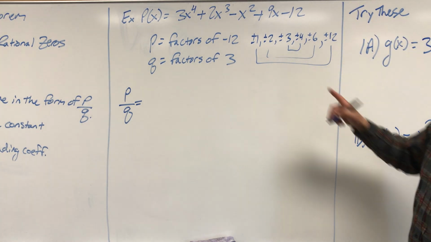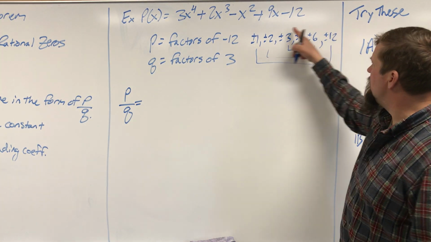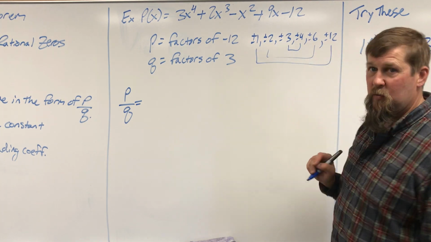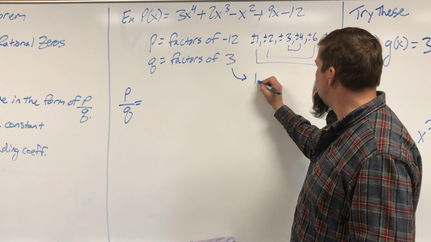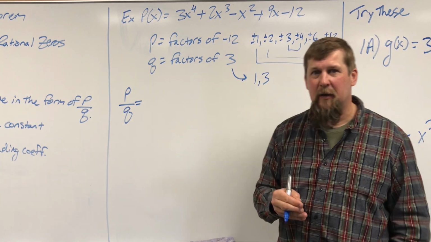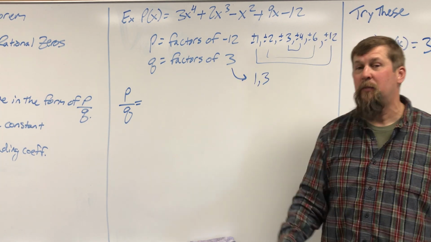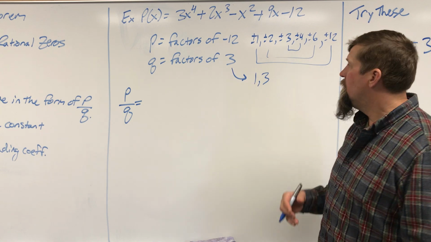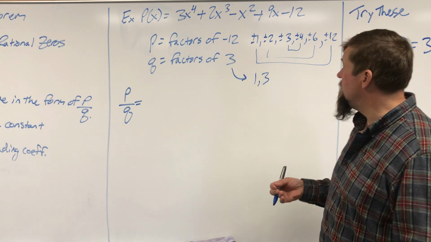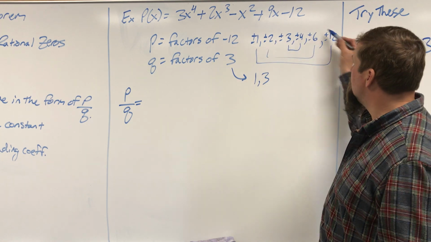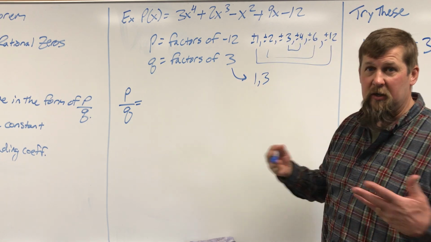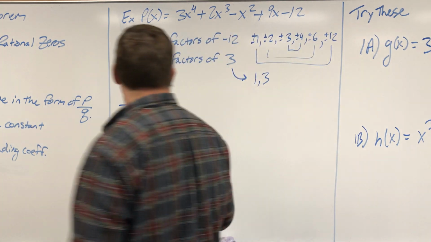Okay, so these I know are all the factors of negative 12. The factors of 3 are just 1 and 3. Now the bottom numbers, q, we do not need to do plus and minus. We only need the positive ones, because we're basically taking all of the positive and negative ones over the positive ones, which are going to give us both positive and negative.